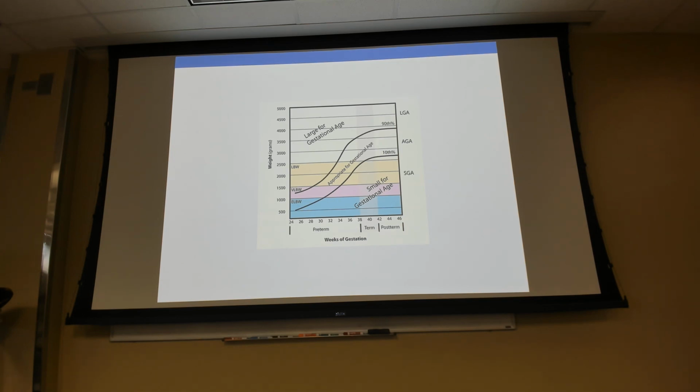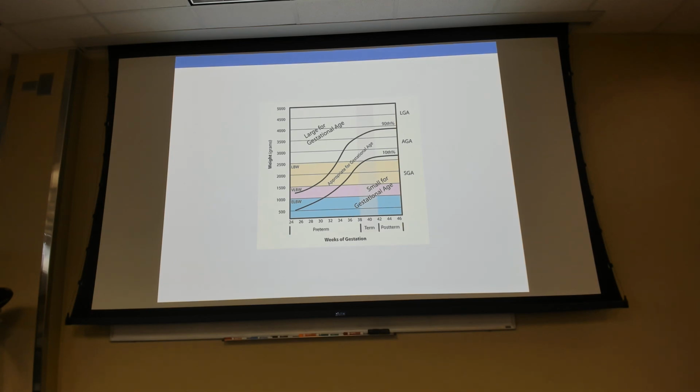The way we are reading this is the number of weeks of gestation along your x-axis. So were they preterm, meaning less than 37? Are they term, and again, we're going to use 37, but this is a Peds chart, so it's 38 to 40, and then are you more than 40 weeks, post-term? Your y-axis is going to be your weight in grams, you can also do kilograms. And then you're looking at the black lines.